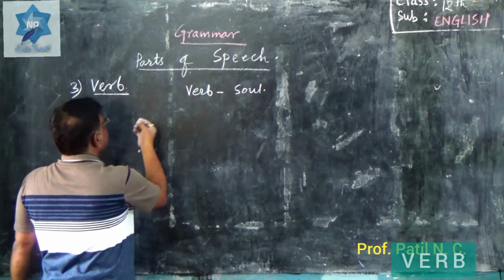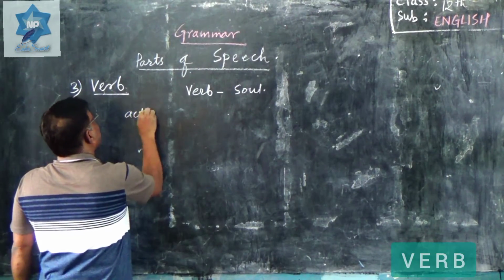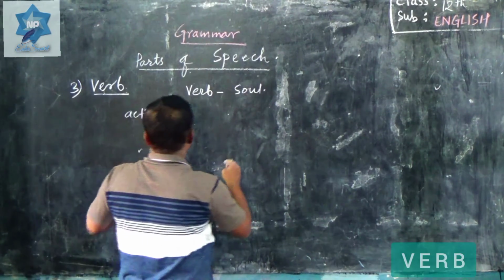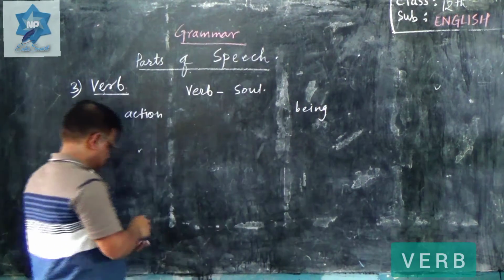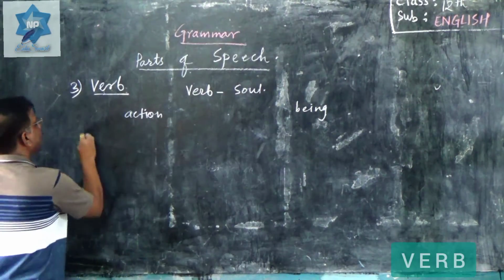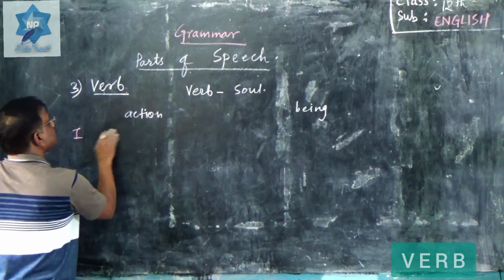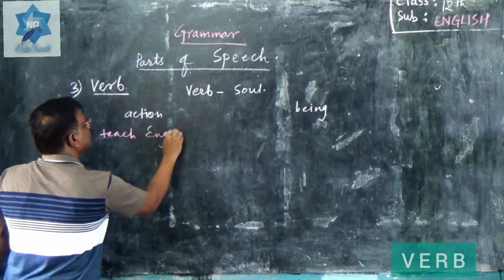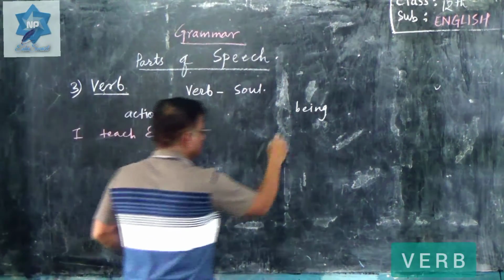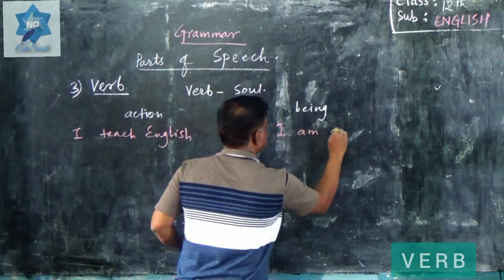Verb. What are the verbs? As I have shown, it is a verb that shows either action or being. Let's have an example. For example, I teach English, as I said, and I am a teacher.